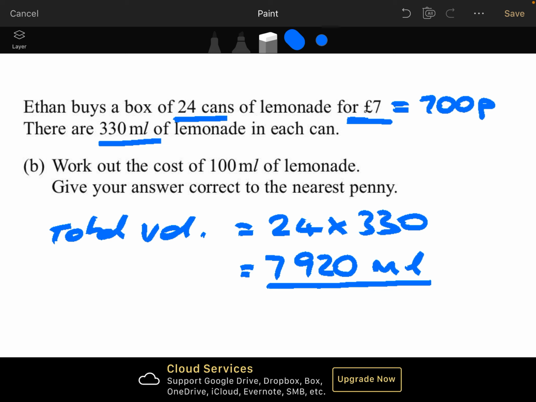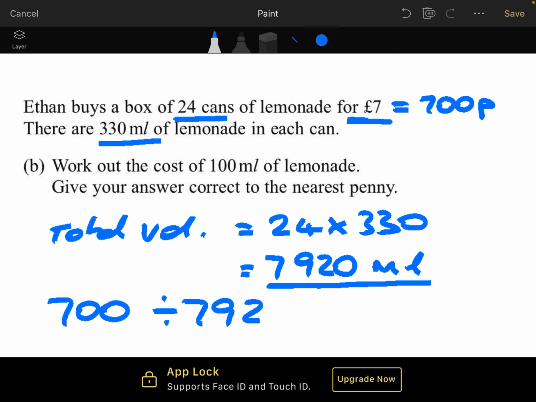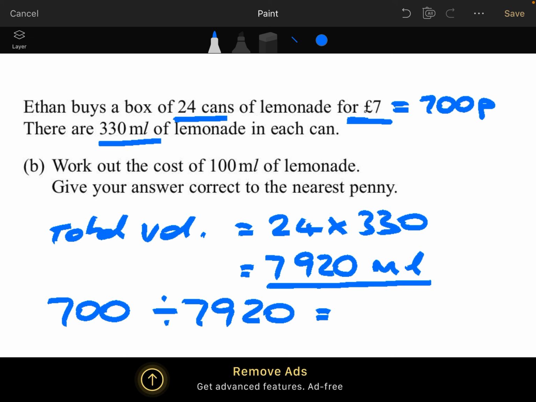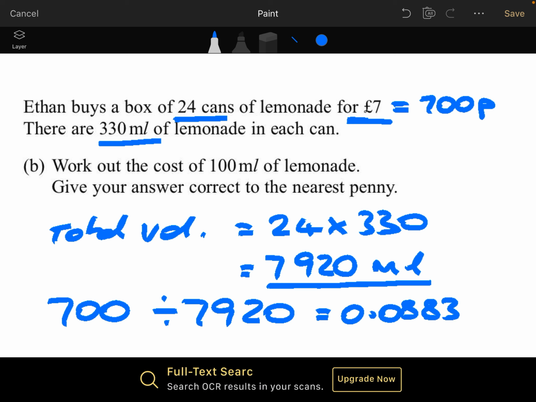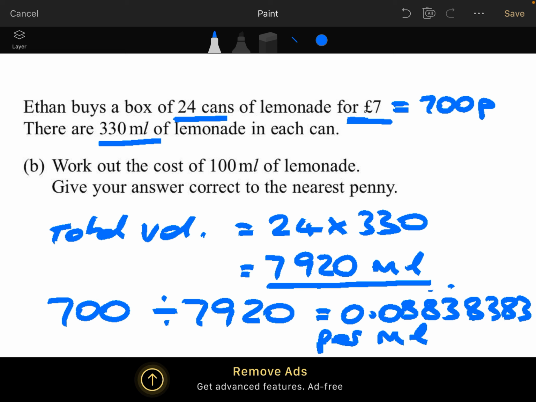So if I divide £7, or 700 pence, by 7920, let's work that out, 700 divided by 7920, that will give me 0.0883, and it's recurring here, so that means 8383, but that's per millilitre, and we want 100 times that.